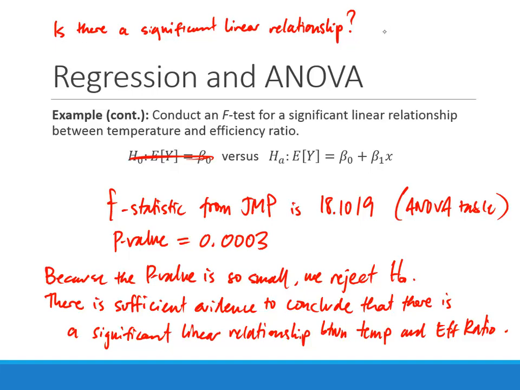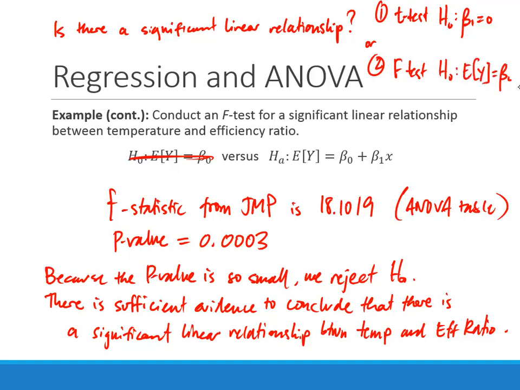So first is a t-test of beta 1 being equal to 0, or you can do the F-test, which says that the expected value of y is just equal to beta 0. So again, the interpretation will give you the same answer. You just need to use one of those tests. Both of those will allow us to say that there's a significant linear relationship.